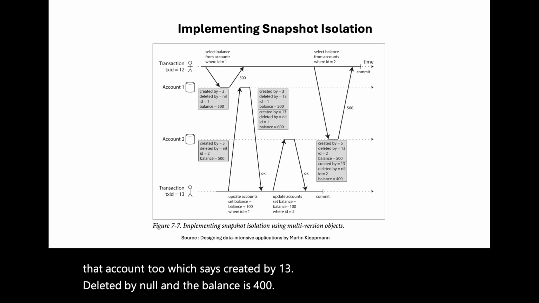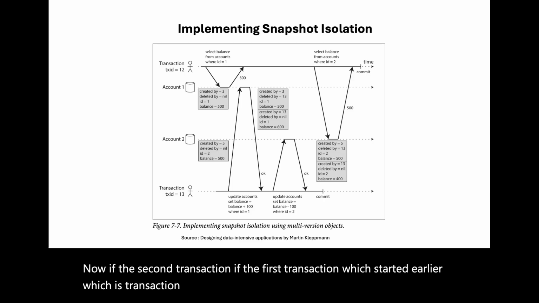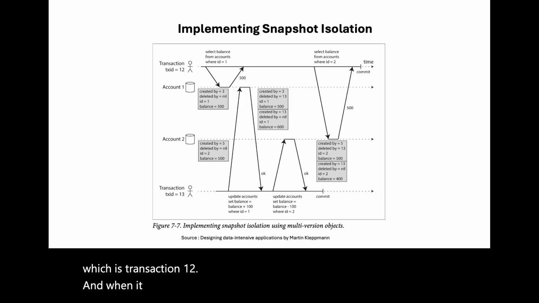Now, if the first transaction which started earlier, transaction 12, does the read from account 2, it will only get the version of that object that existed before transaction ID 12 started.